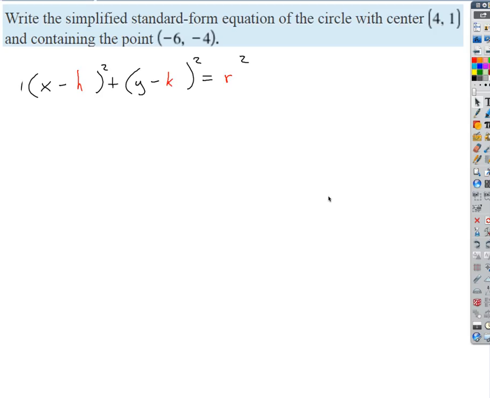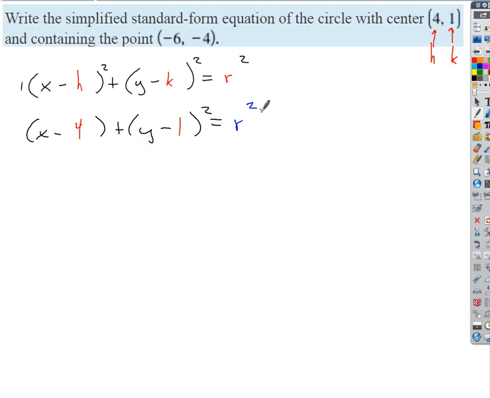They're telling us the center, so that's h, and that's k. We've got 2 of the 3 numbers that we need. So far we can write it like this: x minus 4 squared plus y minus 1 squared equals r squared.